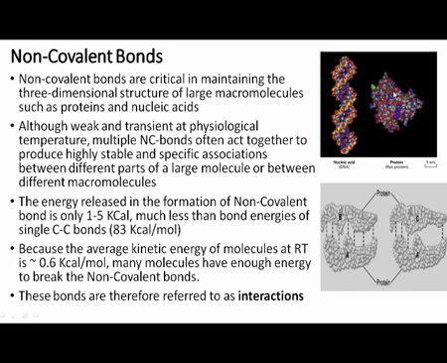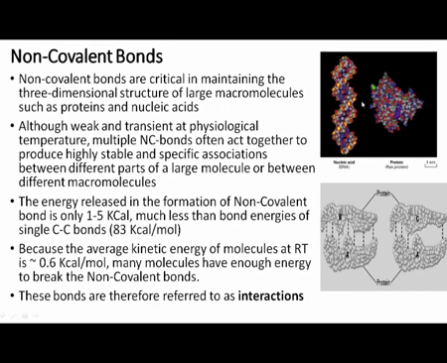Each one of these non-covalent bonds is weak and transient in nature, but because there are multiple non-covalent bonds, they often act together to produce a highly stable and very, very specific association between different parts of a large molecule or between different molecules. For example, a protein can interact with DNA. So, those are because of various kinds of non-covalent bonds, but not one or two.